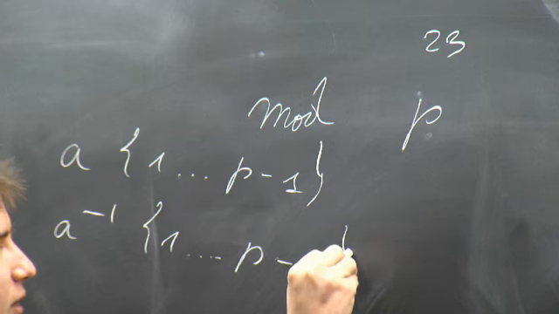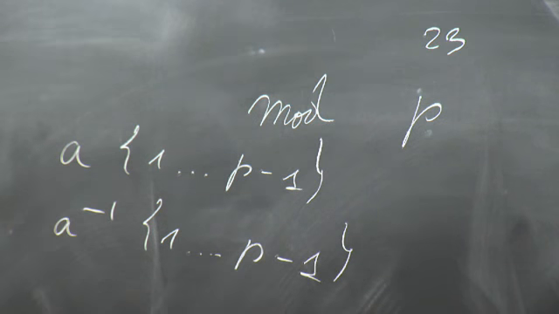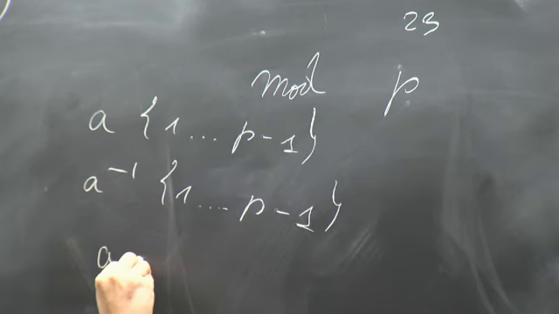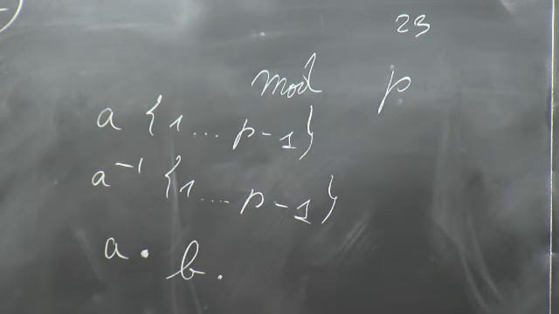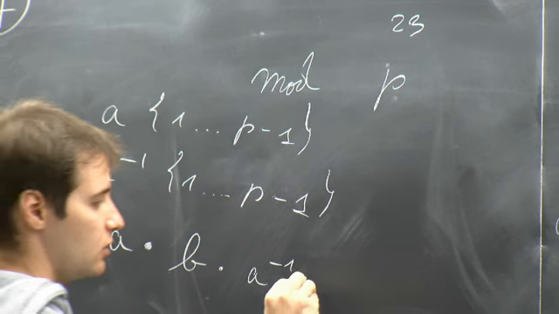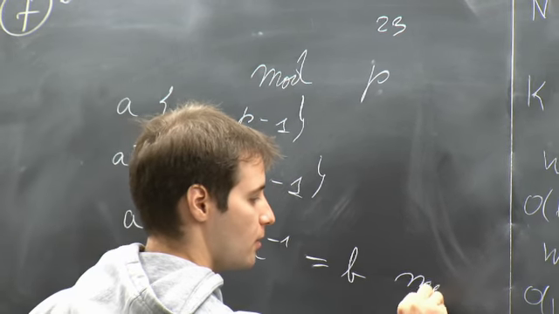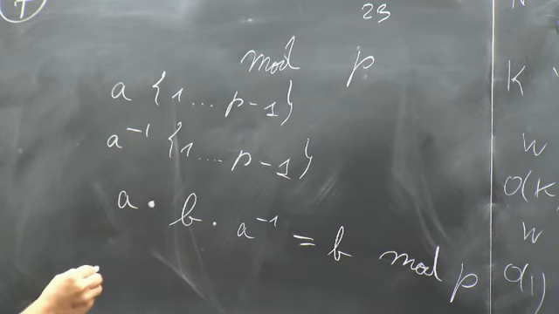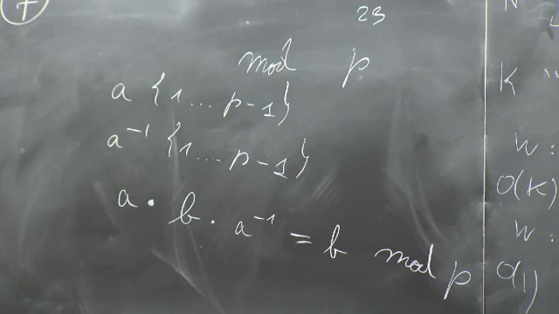That also happens to be an integer between 1 and p minus 1. And if you multiply, say, a times b, that's another number, and then you multiply this by a minus 1, you're going to get b modulo p. So a minus 1 cancels a in a multiplication.